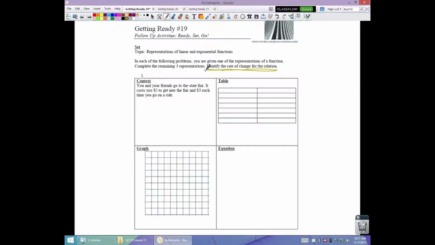Okay, so you and your friends go to the state fair. It costs you $5 to get into the fair and $3 each time you go on a ride. So that $5 to get into the fair, that's like our flat fee. And then the $3 for each ride would be our rate of change.